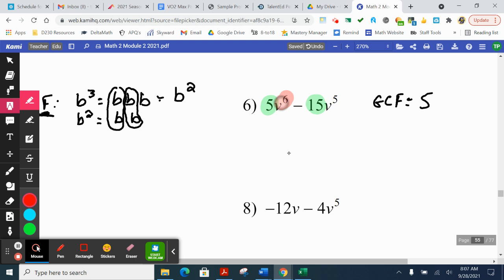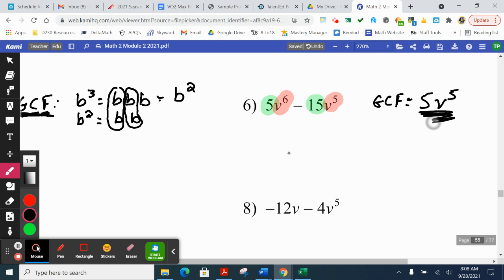So if I look at 6 v's here and 5 v's there, how many do they have in common between both of them? Again, it's a common factor, right? What is it, Jake? 5. Good. So they each have 5 v's. So this is your greatest common factor. That is what we're going to put out in front and then multiply by whatever would be remaining within the parentheses.